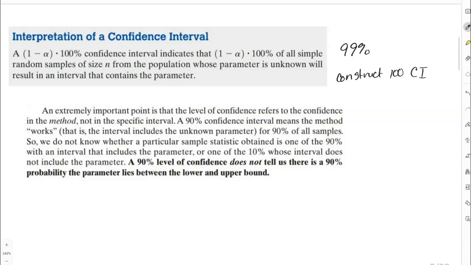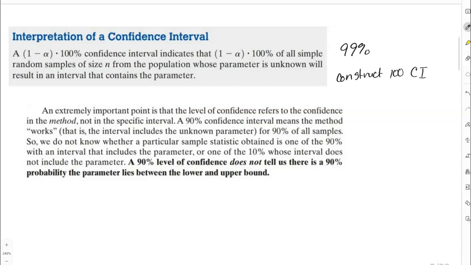We do not know whether a particular sample statistic obtained is one of the 90% with the interval that includes the parameter, or if it is one of the 10% whose interval does not include the parameter. And that's because it's virtually impossible to get that population parameter and to collect data from everyone in the population because our populations tend to be so big.